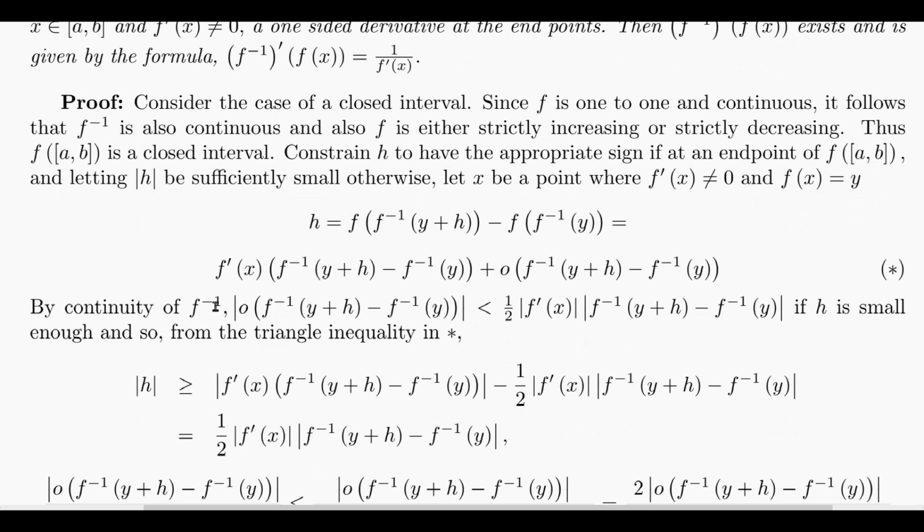Now, by continuity of the inverse function, eventually, if I let h be small enough, the absolute value of little o of this expression will be less than 1/2 of the absolute value of f prime of x times the absolute value of this thing.